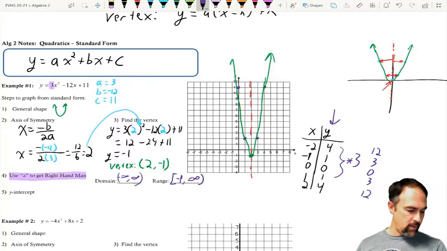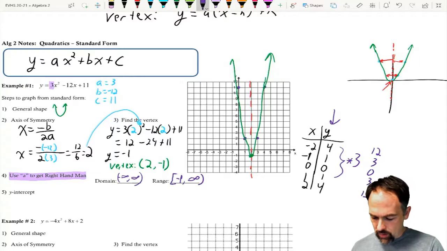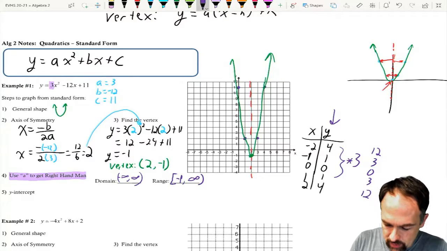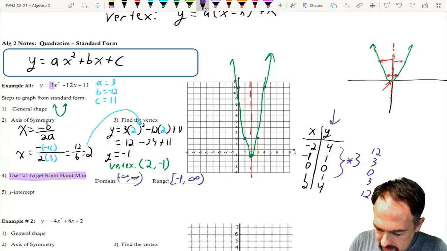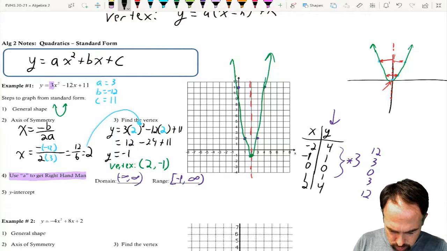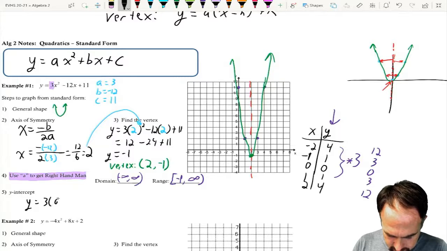Okay, now for my y-intercept, the y-intercept is going to happen where x equals 0. So watch what happens here. y equals 3 times 0 squared minus 12 times 0 plus 11.